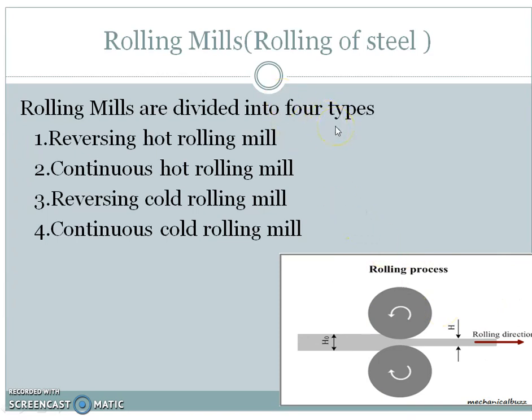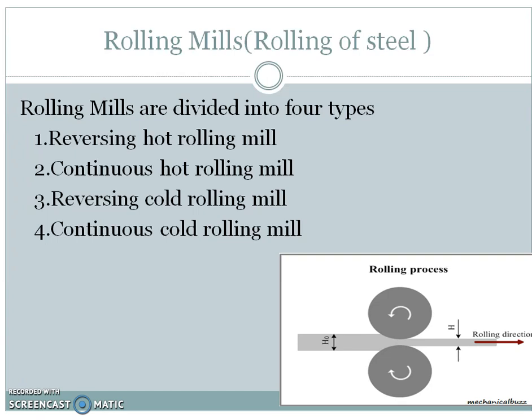So rolling mills are divided into 4 types: reversing hot rolling mill, continuous hot rolling mill, reversing cold rolling mill, continuous cold rolling mill. The name itself indicates hot rolling and cold rolling. Hot rolling means the mill works at a high temperature.